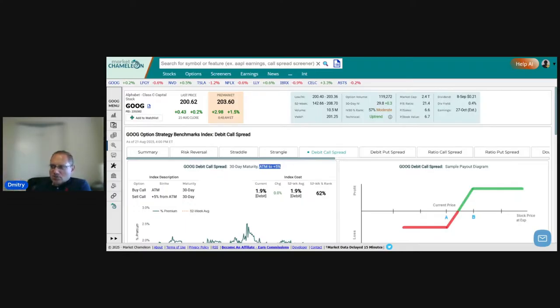And we use percentages because we can't really use dollars to standardize it. If we say a $5 spread, well, in Google, a $5 spread is different than in another stock that is $10, right? Google's $200, so a $5 move in a $200 stock is a much smaller percentage than if you have a $10 stock.